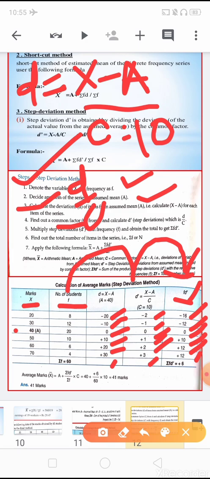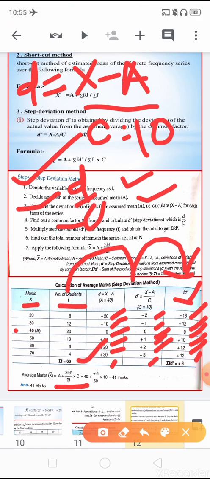So how is the average marks, or the arithmetic mean, calculated? Now we apply the formula: x bar equals a plus sigma fd dash upon sigma f, into c. The assumed mean is 40, sigma fd dash is 6, the summation of frequency is 60, and the common factor is 10.